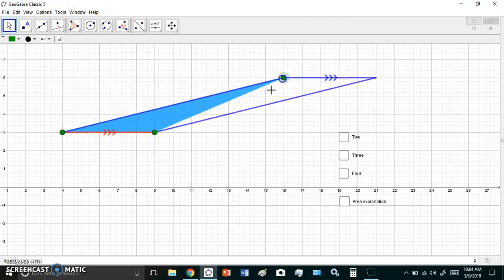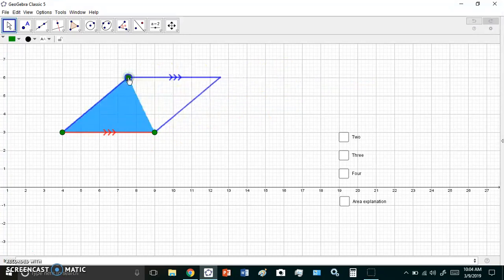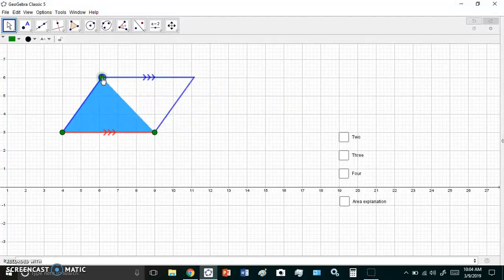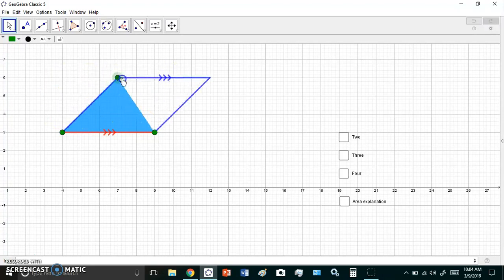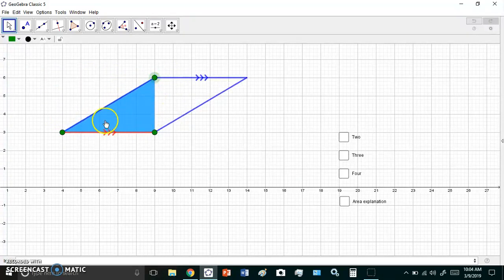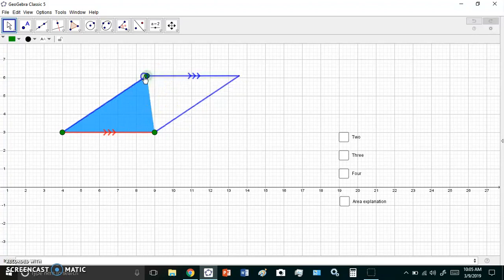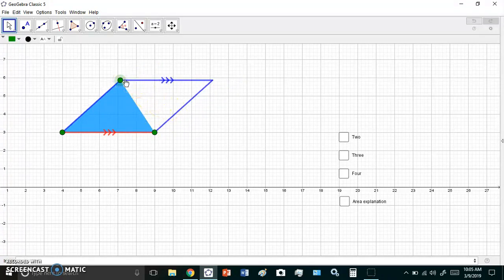It doesn't matter how far it stretches. The entire area of the parallelogram is the same as that area, and the same as that area. And obviously, by symmetry, the triangles will be the same area too, regardless of where you go.